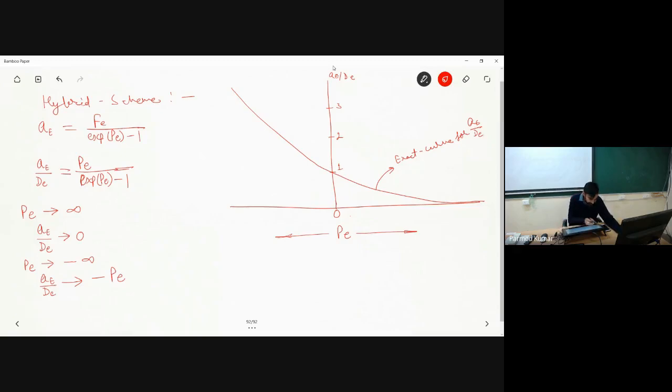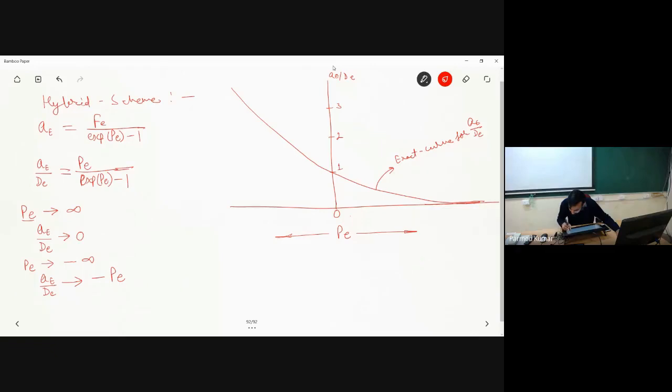So it means when your Peclet number approaches infinity, you can approximate this particular curve with a straight line, and the equation of that straight line is AE by DE equal to 0. So say this is my line.